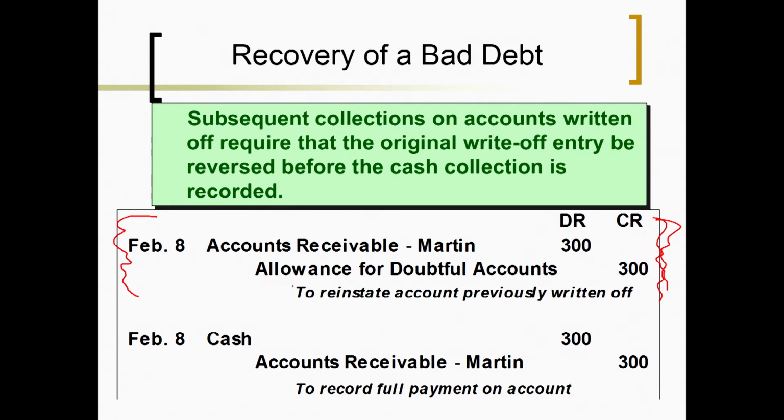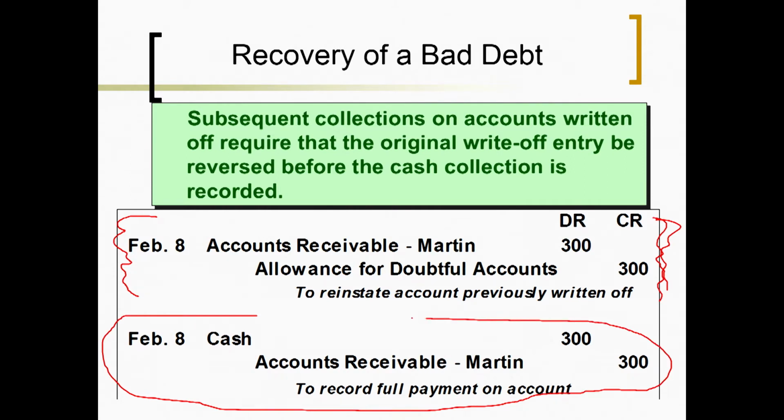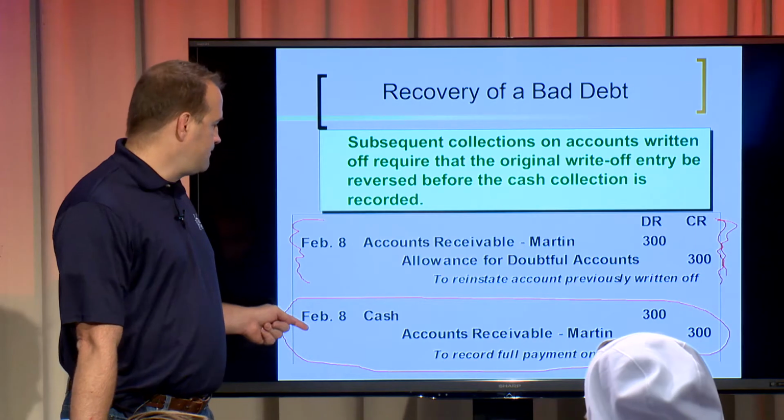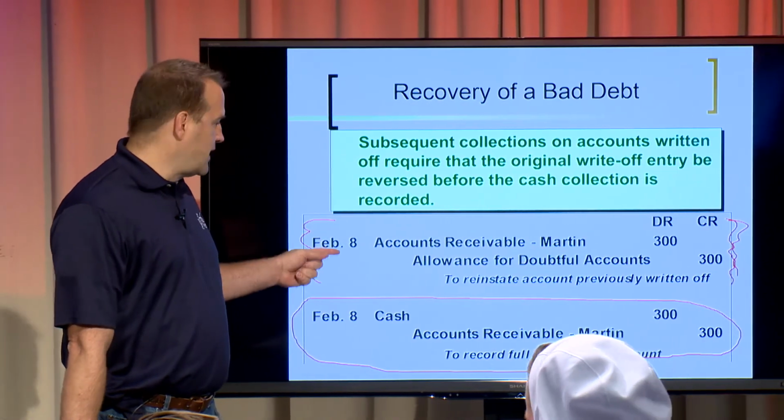And then, on that same day, we show the cash payment of the receivable, just like we would any other cash payment of a receivable. We debit cash and we credit and reduce AR, okay? Now, some people might say, wait a minute, Dave, this looks kind of goofy because these are both the same date, February 8th.